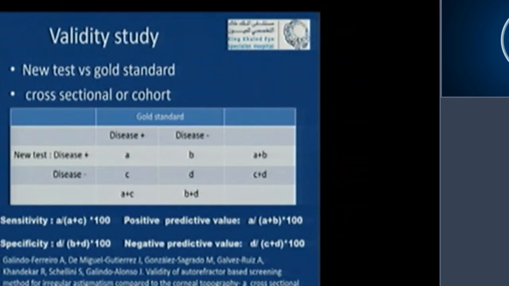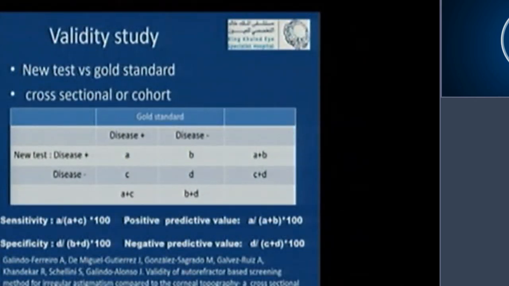As I told you, validity studies are really good studies, fast for fellows and residents. A new test is compared versus a gold standard or conventional treatment or tool which is there for investigation or diagnosis. It can be a cross-sectional type of study or a cohort study, but the parameters which are presented are sensitivity, specificity, positive predictive value and negative predictive value.